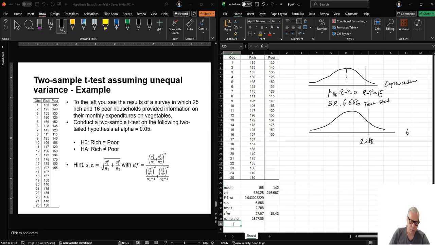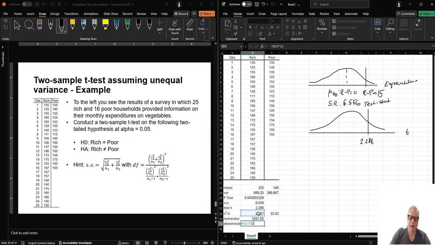And now the denominator. Okay, so in the denominator we have S1 squared over N1, but we have to square it again. So that is equal to the S squared over N, but squared. It's really complicated.